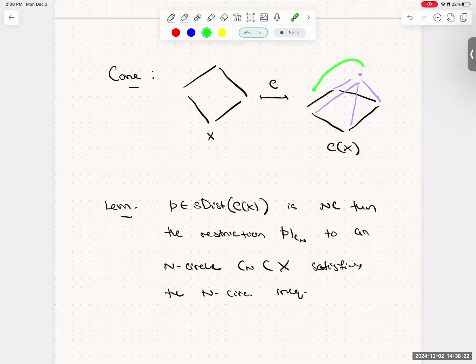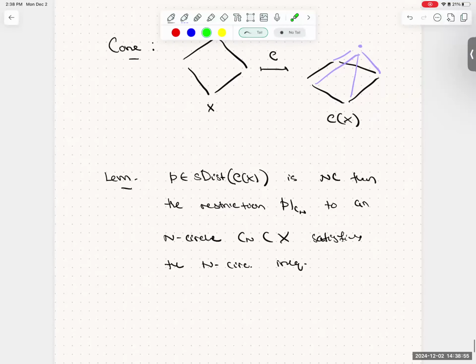So that is one direction of what we want to prove, which I will give an overview of in a second. If you have a certain family of scenarios that are coned off from simple circles, then we end up wanting to prove that a distribution on this scenario is non-contextual if and only if it satisfies the n-circle inequalities. So this is one direction of that.